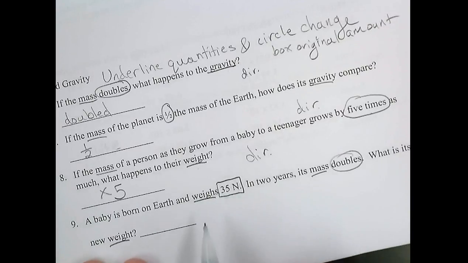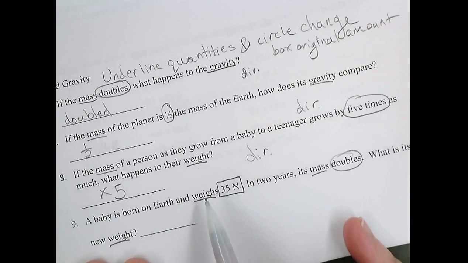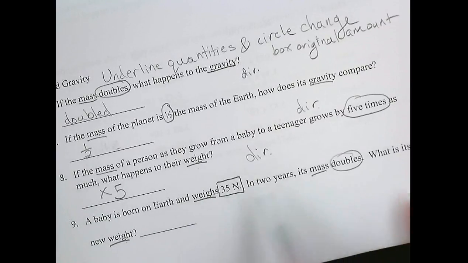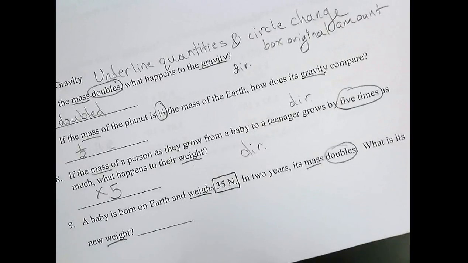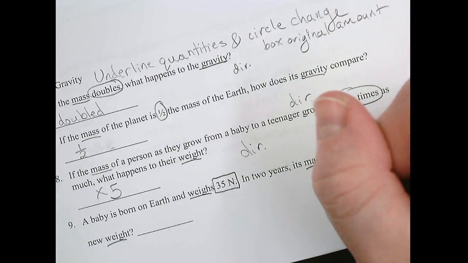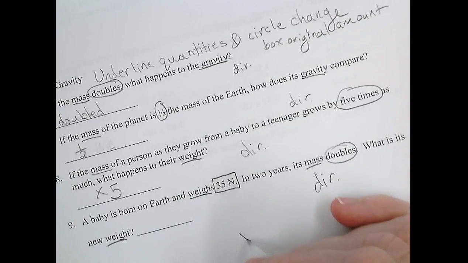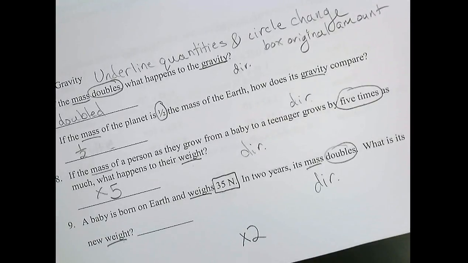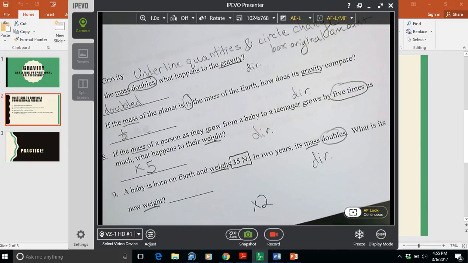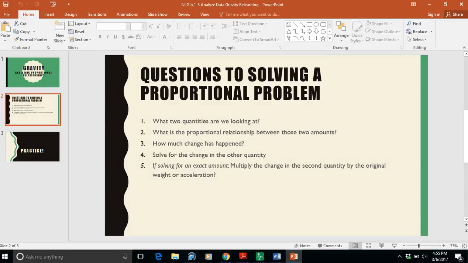So let's go back to our steps again. Which two amounts are you looking at? Mass, weight. So you're looking at mass and weight. Those are directly proportional. The mass has doubled, so it's times 2. Now we're going to use step number 5 for the first time on this worksheet. And we have to multiply the change.